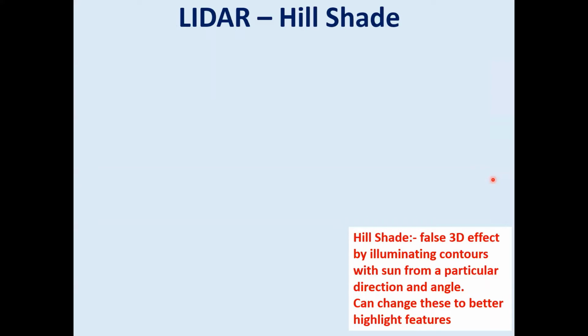And you can change that angle of the sun to highlight features better, in the same way that if you went out to the field and you looked early in the morning, the low angle light might highlight some features, but not others very well. And you go back in the evening, more towards sunset, and you'll see a whole different set of features as the light is illuminating things from a different angle.